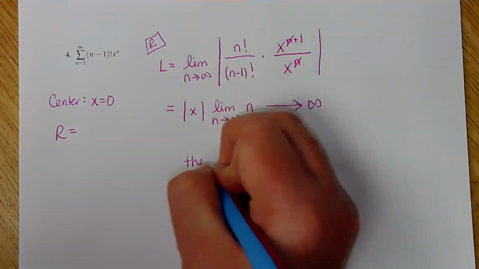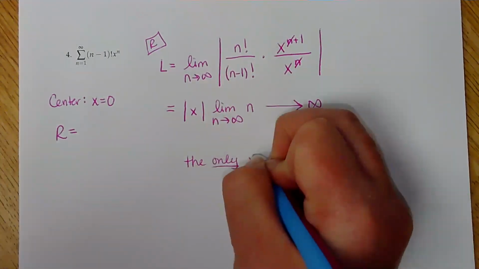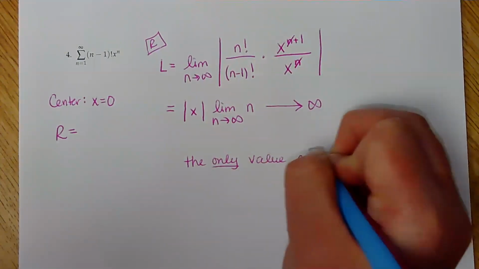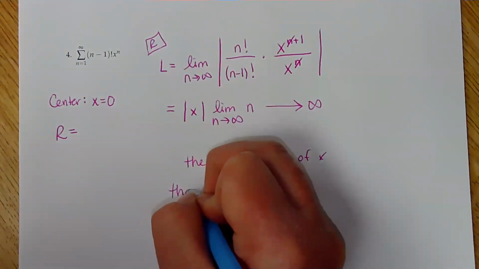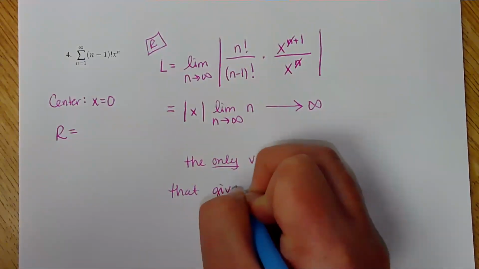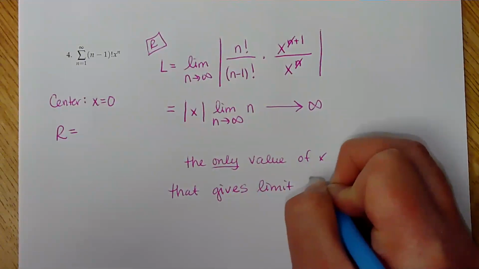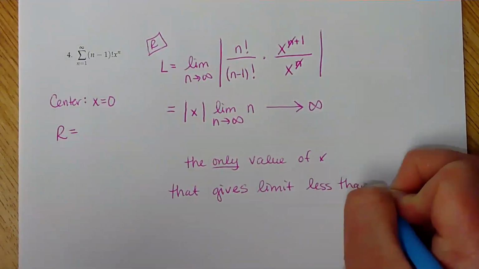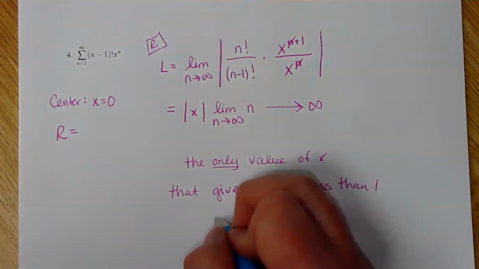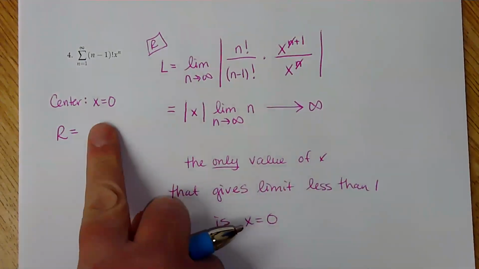So the only value of x that will give us a limit less than 1 is when x equals 0. Okay, so that's going to be at the center.